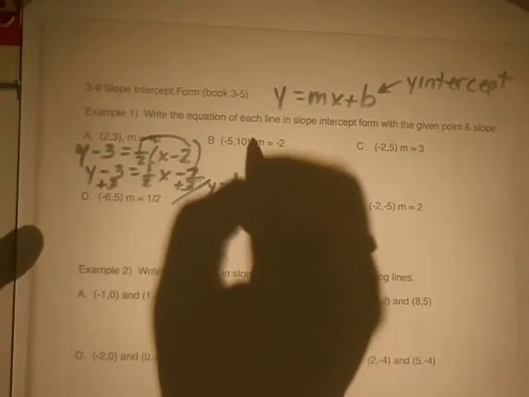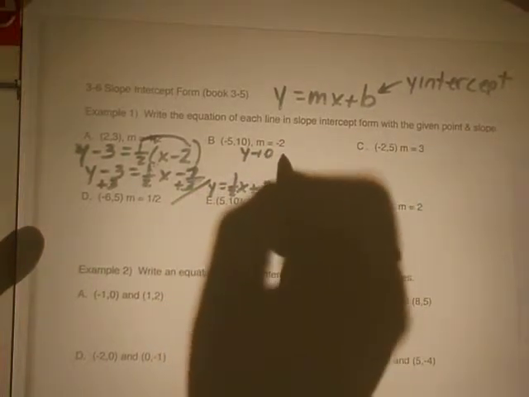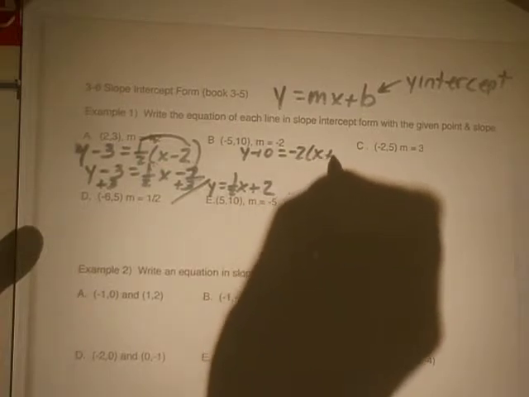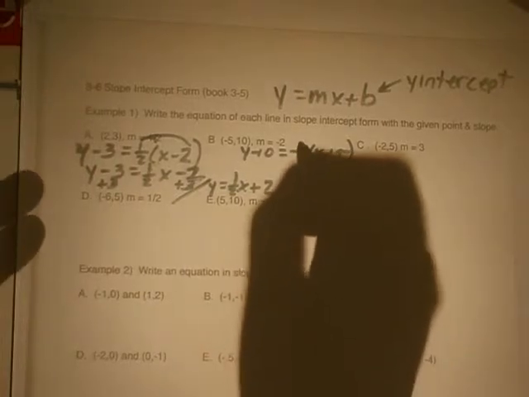Taking a look at the next one, again, we're going to start with y minus 10 equals -2 times x plus 5. We started with point slope form. And now we solve for y. Distribute.